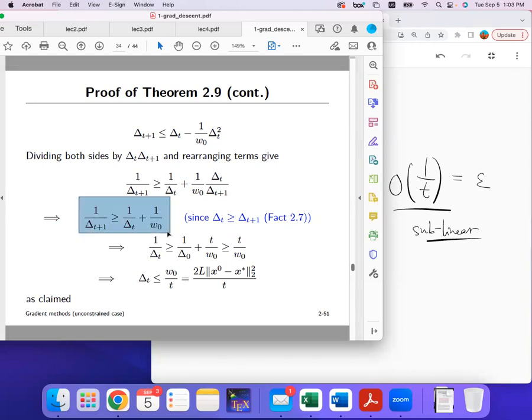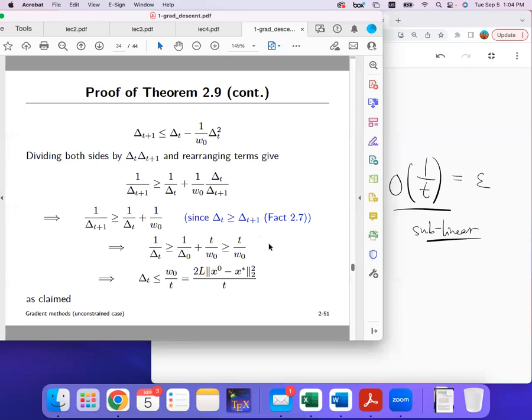Now this is a very simple recursion, and you can just unroll it over the iterations. Unroll it t times, and you can get this estimate. And you can further ignore this one, it's a constant and doesn't really affect things. So it is lower bounded by t times 1 over the constant omega 0.